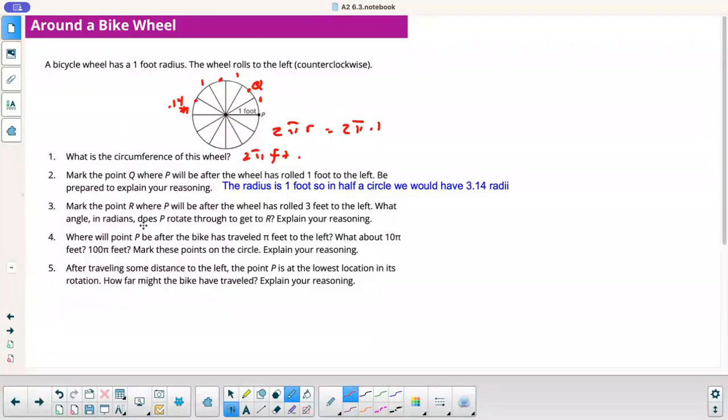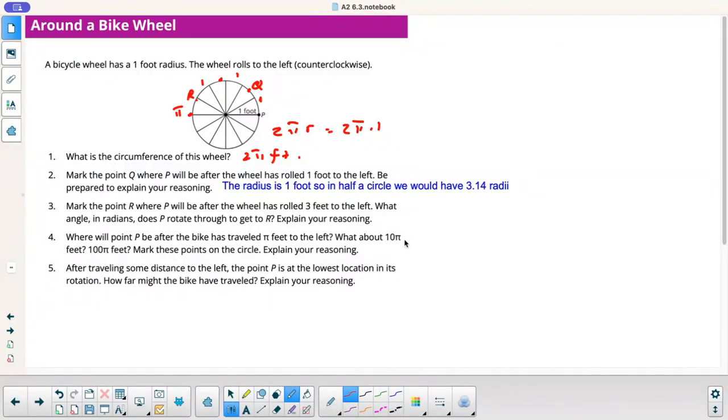All right, mark the point R where P will be after the wheel has rolled 3 feet to the left. So that's going to be right about there. Explain your reasoning. I guess I kind of already did. Where will the point be after the bike has traveled pi feet to the left? Pi would be right here.